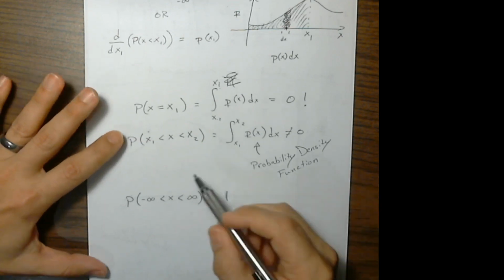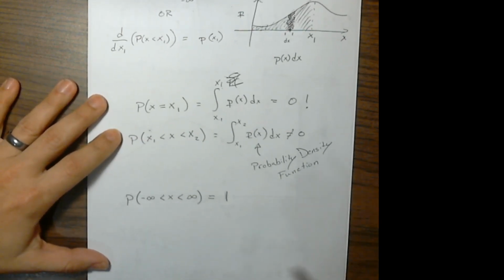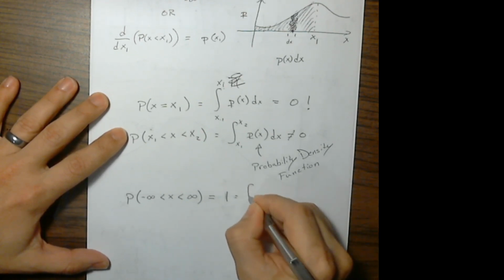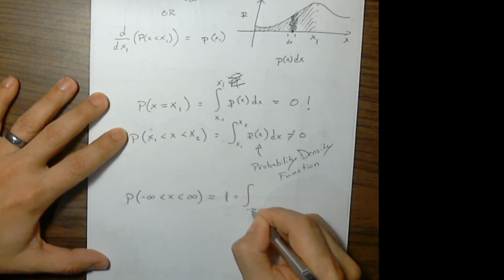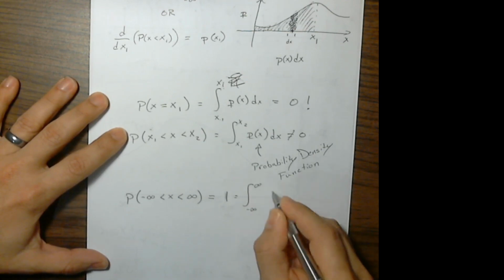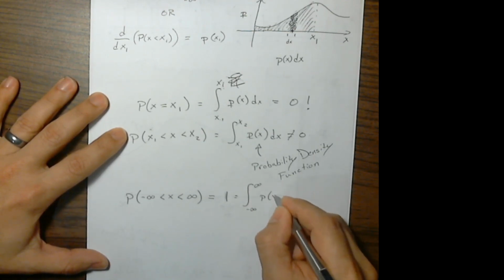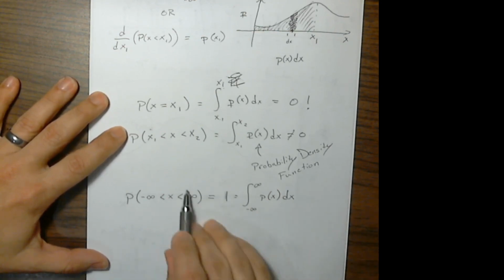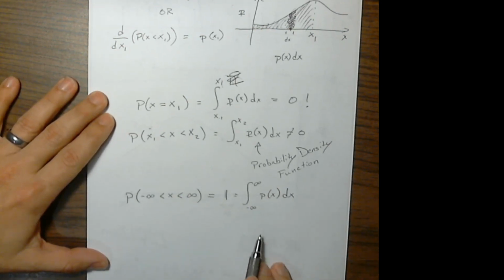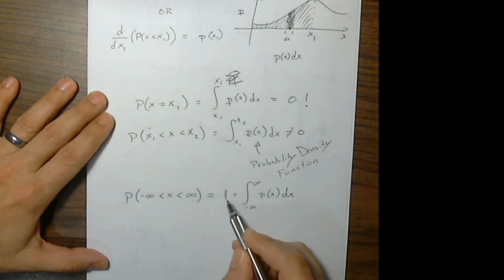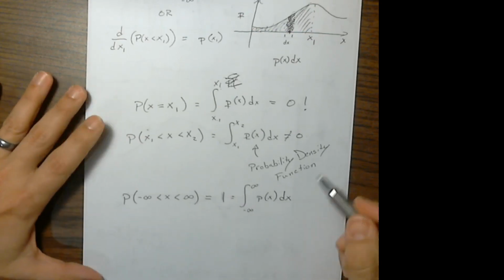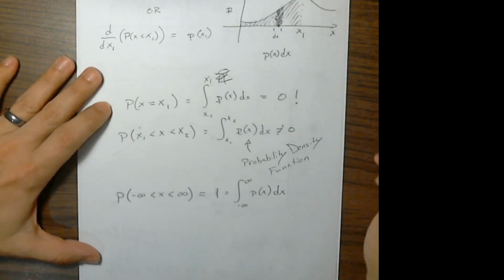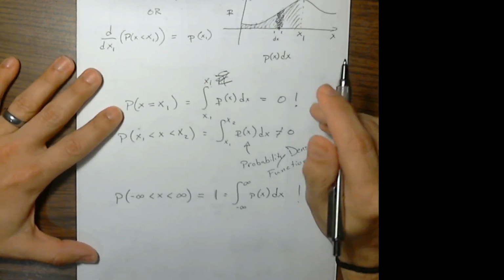So the probability that x is a number is 1. That gives us a constraint that must be observed by all probability density functions: when you integrate them over the entire context, that is the entire range of possible values, they must integrate up to 1. So the probability that x is in the context is always 1. That's a hard constraint.